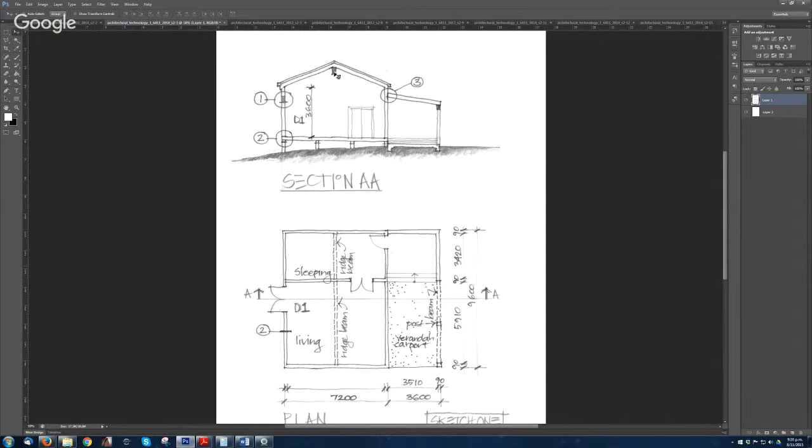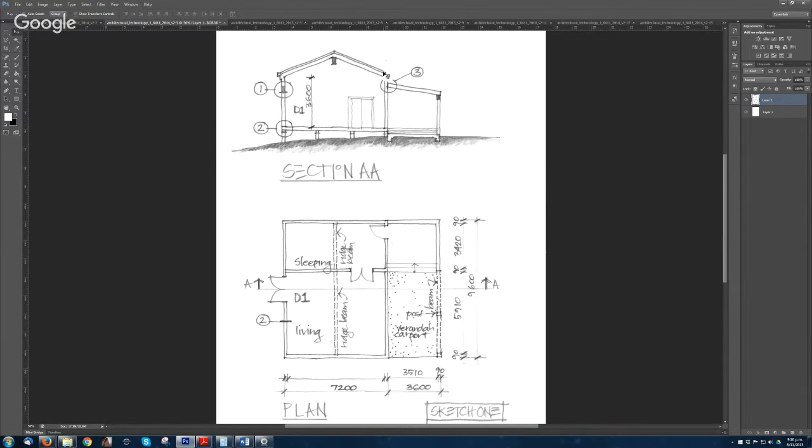Similar to the ridge beam, you need to calculate the load that is carried by that beam, and you can see it's going to be this rafter, so it's going to be half of that, because the other half is carried by the wall. The span of that rafter is 3.6. So the load that is half of that is going to be 1.8.